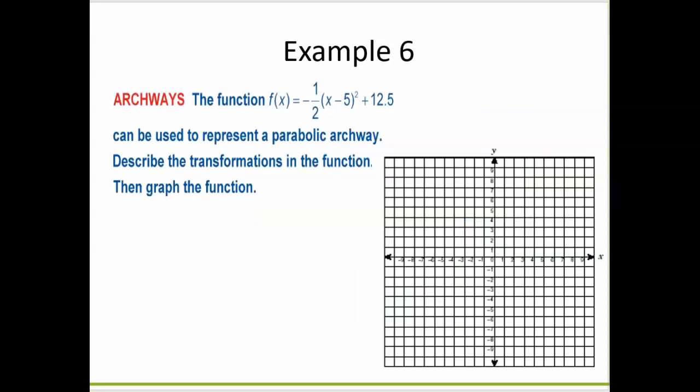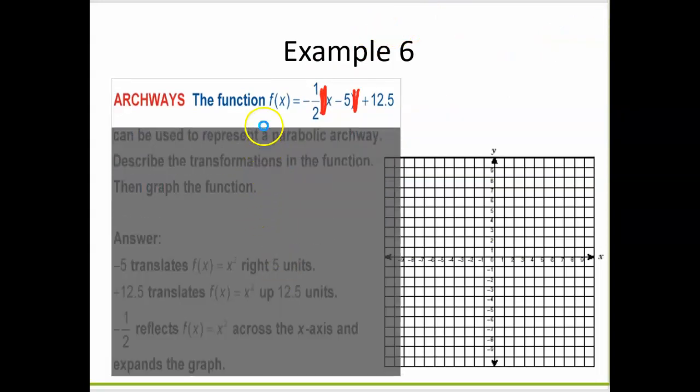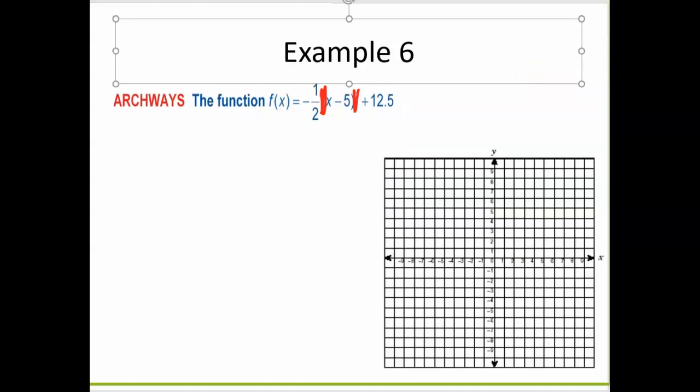And what we're going to do in example 7 is take away that squared and convert it to an absolute value and talk about all the transformations in terms of an absolute value. So the negative is a reflection across the x.